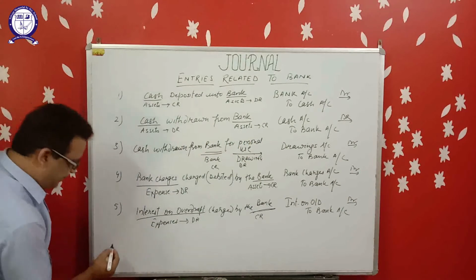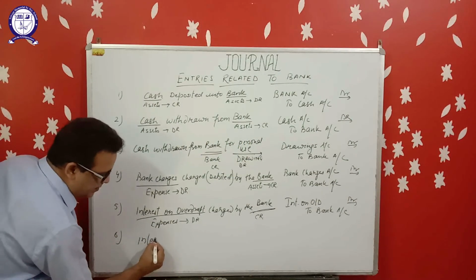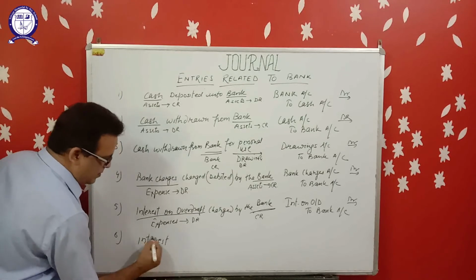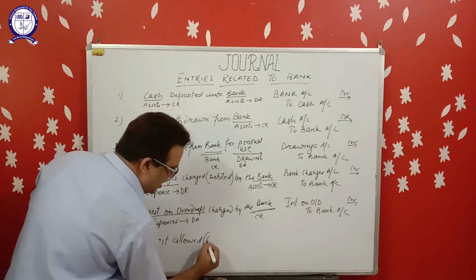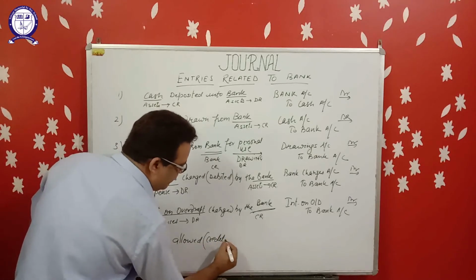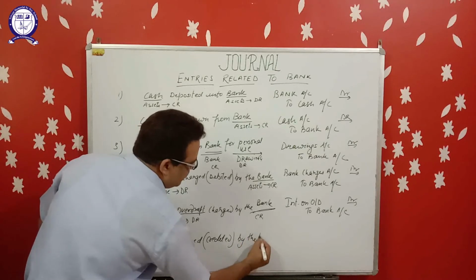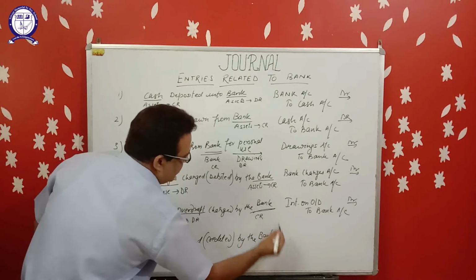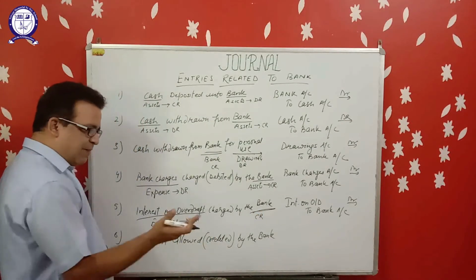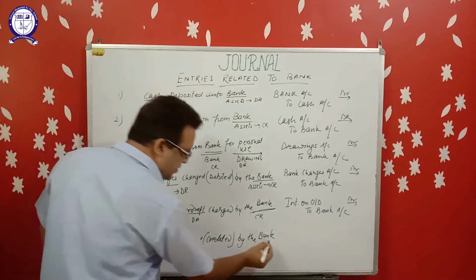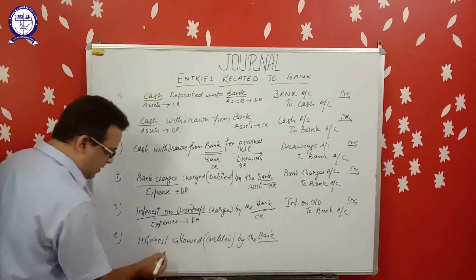Next entry, interest allowed by the bank. Interest allowed or credited by the bank. When bank credits the interest in our account, our bank balance is increased. So two accounts are affected here. Number one, bank. Number two, interest.